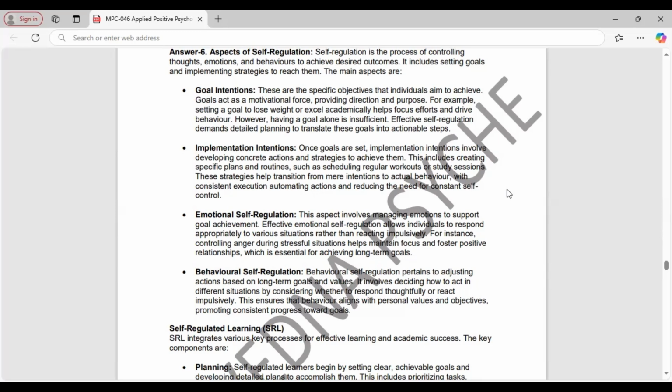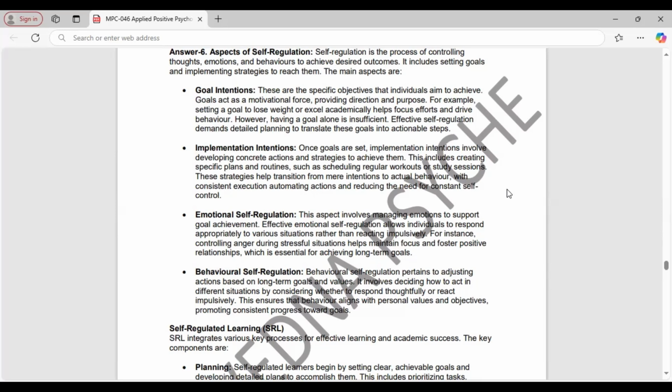Emotional self regulation focuses on managing emotions to support goal achievement. Effective emotional self regulation enables appropriate responses to situations instead of impulsive reactions, such as controlling anger during stressful times to maintain focus and foster positive relationships.